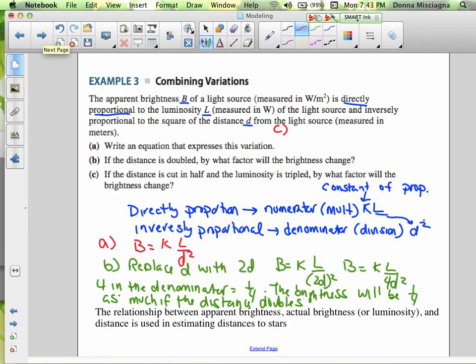All right, so if the distance is cut in half and the luminosity is tripled, by what factor will the brightness change?